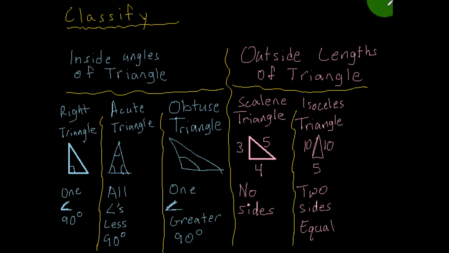And isosceles, I think I spelled that wrong. Let's go ahead and just do a quick erase here. I-S-O-S-C-E-L-E-S. So isosceles triangle, two sides are the same. Let's move on to our next one.